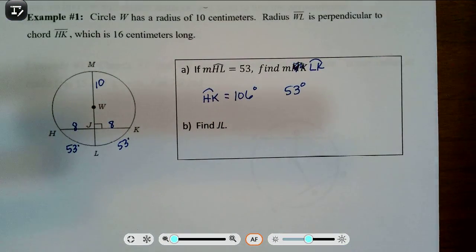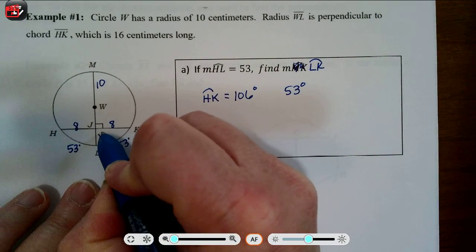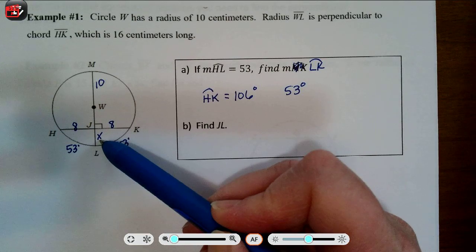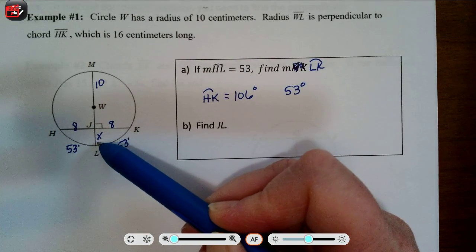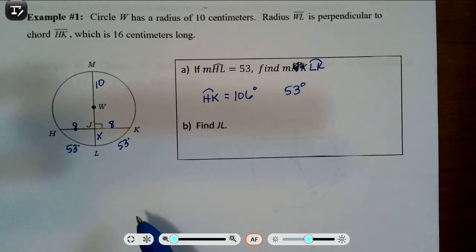Now I want to find JL. I want to find this little piece right here. This is my unknown piece, but I'm not sure how. I know that this is 10, so x has to be 10 minus whatever this piece is. So that's where I'm going to start.